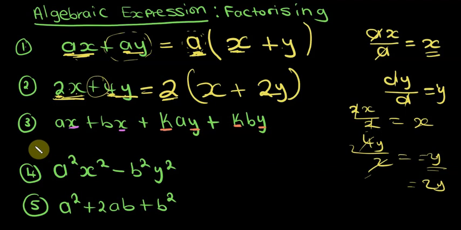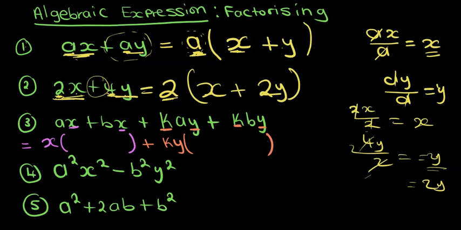Okay, so let's factor the common one. X open bracket plus ky is common, open bracket. What we're going to put there we'll find out in a minute.